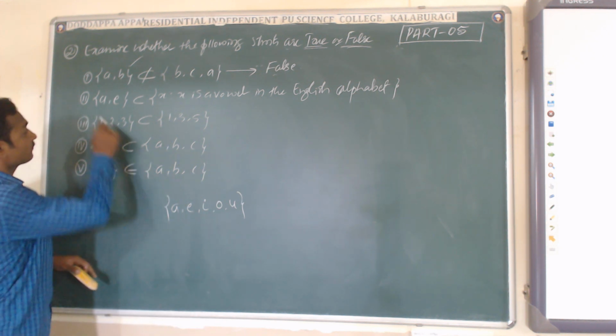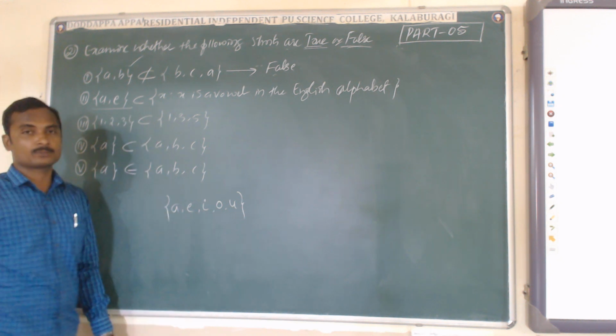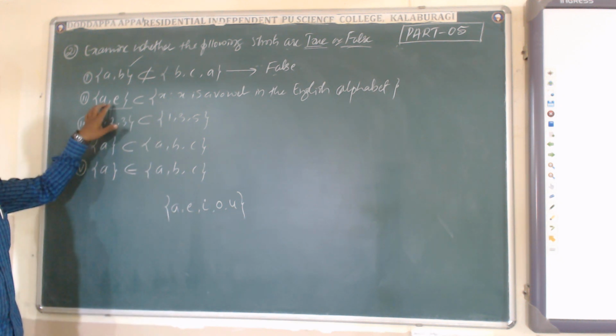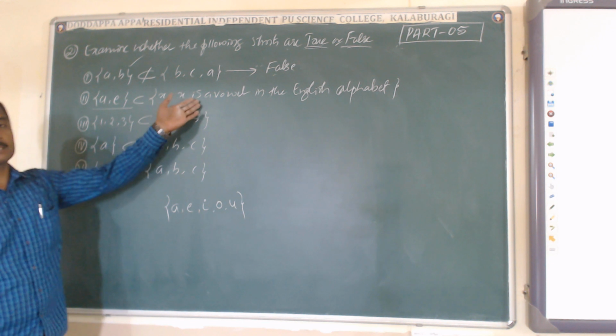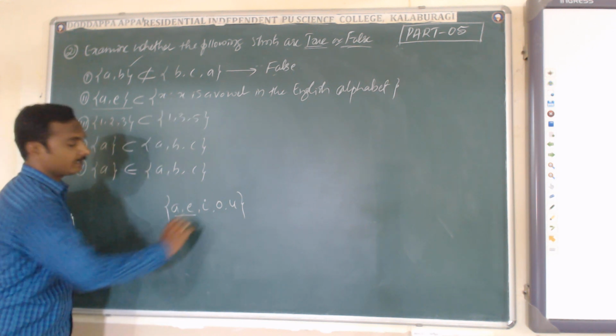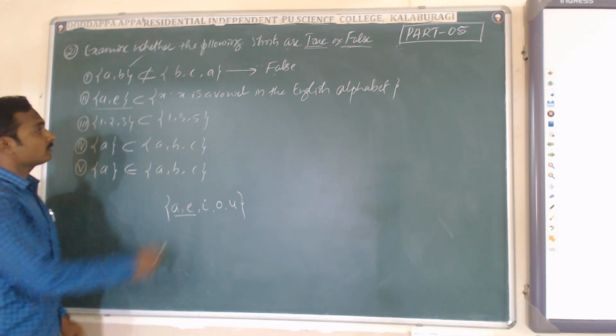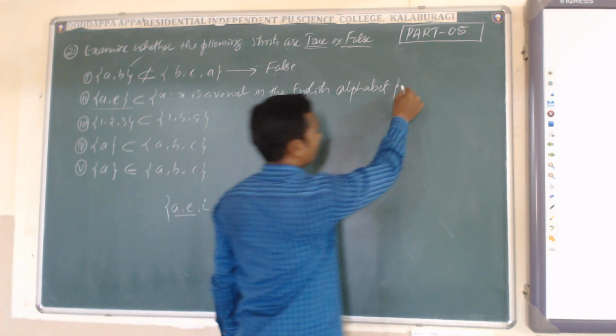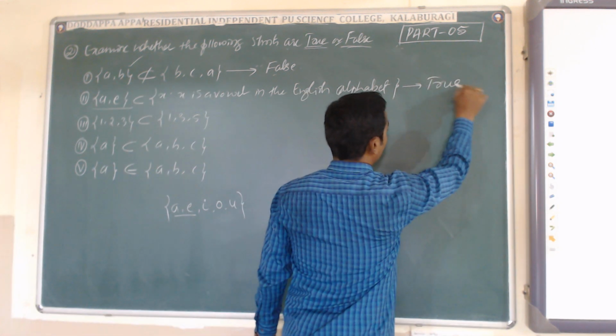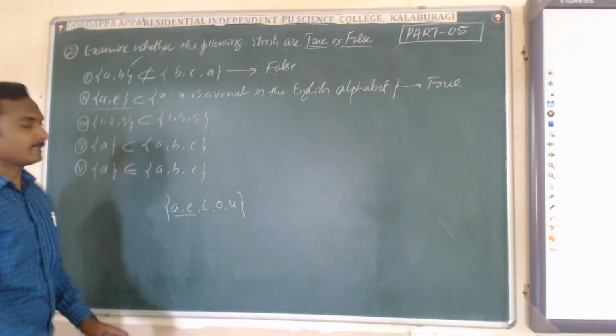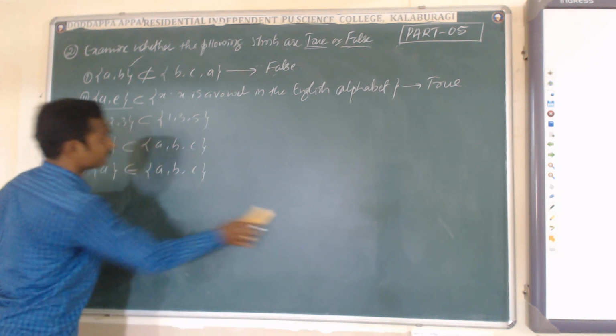Now check whether these 2 elements are present here or not. So {A, E} is a subset of this set. Definitely A and E are elements of this set. It means the second statement is true.